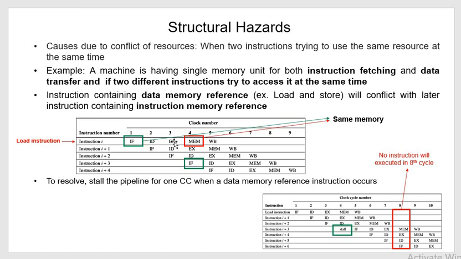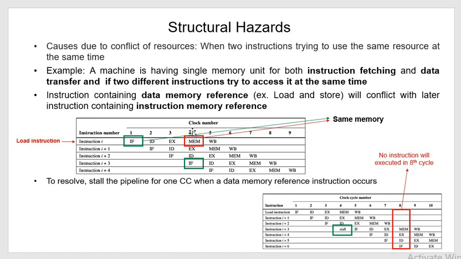In the third clock cycle, the first instruction will be executed by the execute unit after decoding, the second instruction will be decoded, and at the same time the third instruction, I+2, will be fetched in its routine sequence.